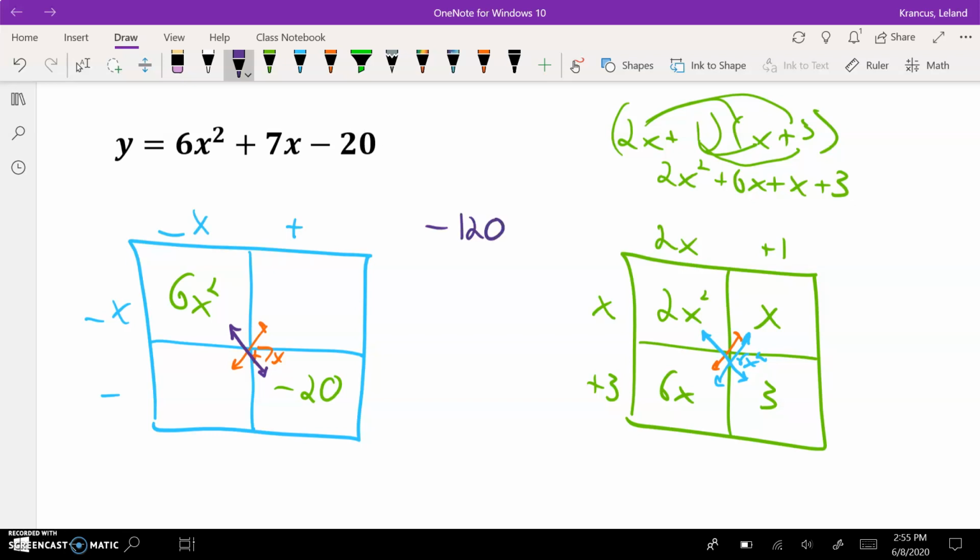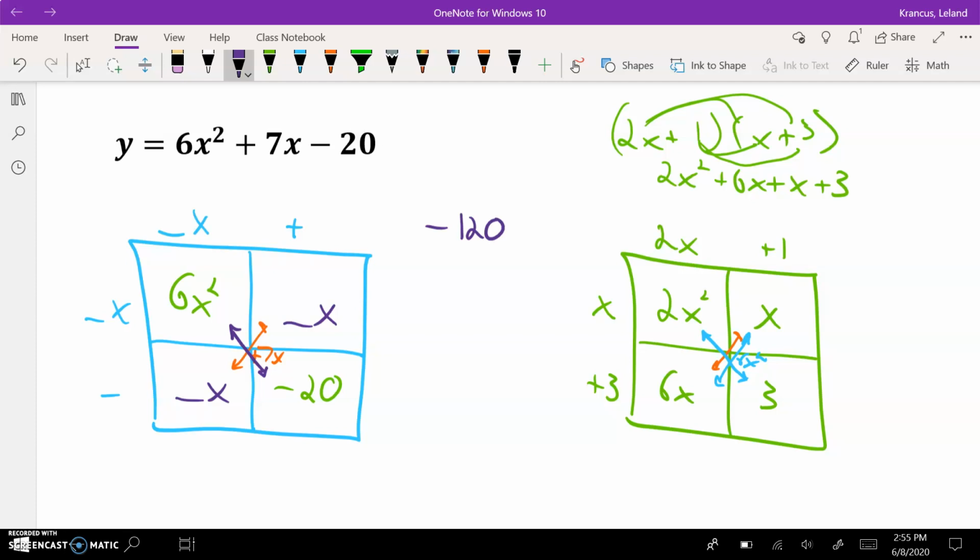I'm not going to worry about the x squared piece on there because it's really just the values we're trying to pick up. We know that each of these terms over here is going to be something times x and something times x. We know that part. We just don't know the coefficients that go with those two terms. So what we know, though, is those two terms, they have to have a product of negative 120. So one's positive and one's negative. And we also know they have to add up to 7x.